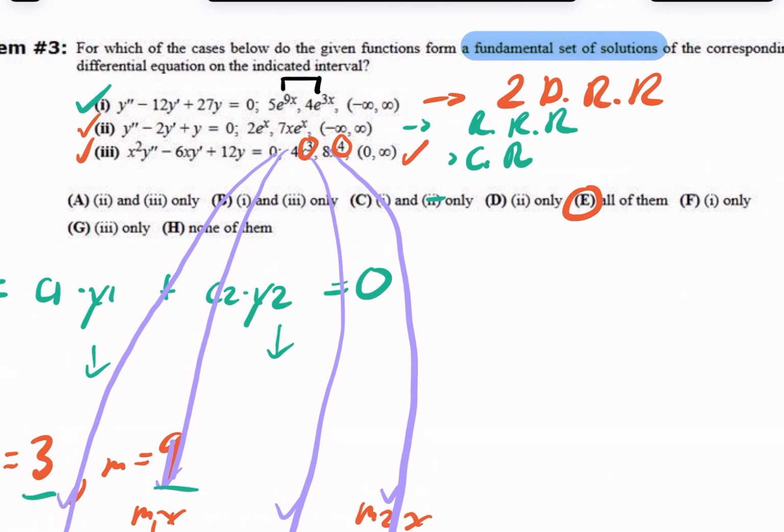If I want a fundamental set of solutions, then when I take the proposed solutions right here, I should also have from those two solutions a determinant which is non-zero. Because my fundamental set of solutions should be all-encompassing. It should be unique, right? So every solution should be unique in that sense. I shouldn't have repeated solutions.